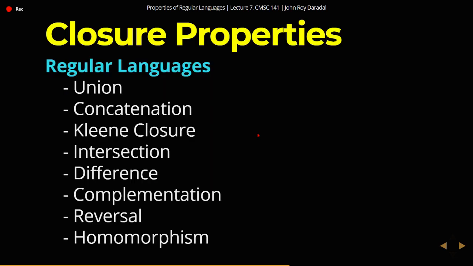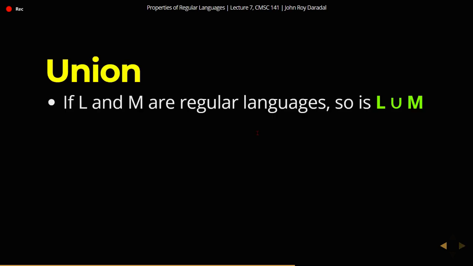The regular languages are closed under the following operations: union, concatenation, Kleene closure, intersection, difference, complementation, reversal, and homomorphism. We'll take a look at each one briefly, starting with union.